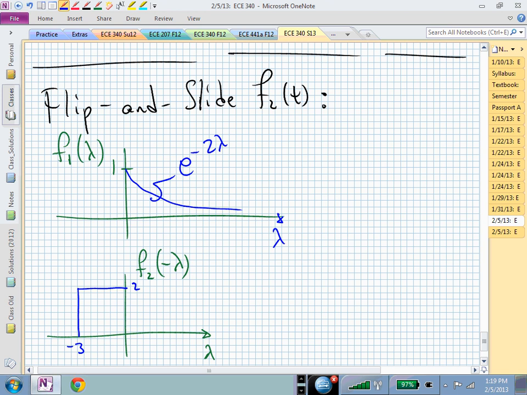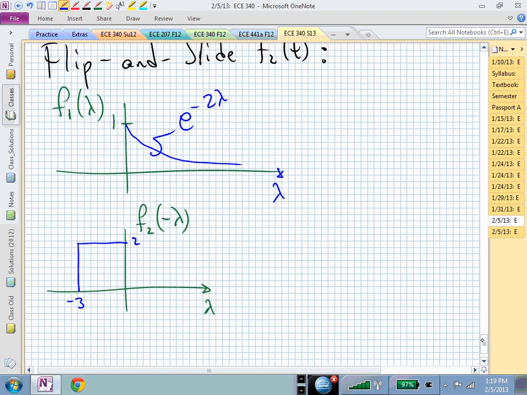That's the key. Okay? Now I want to slide it, or allow it to be slid, and that means that I need to introduce this variable parameter t.